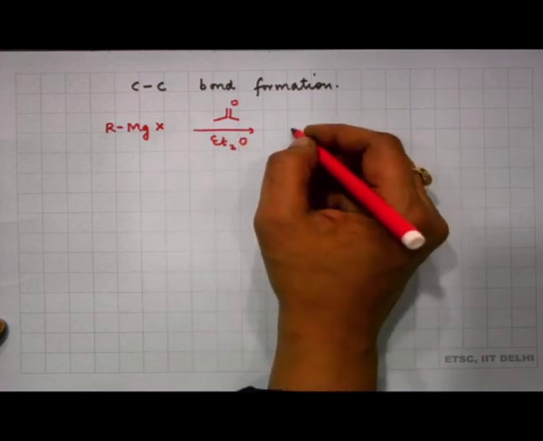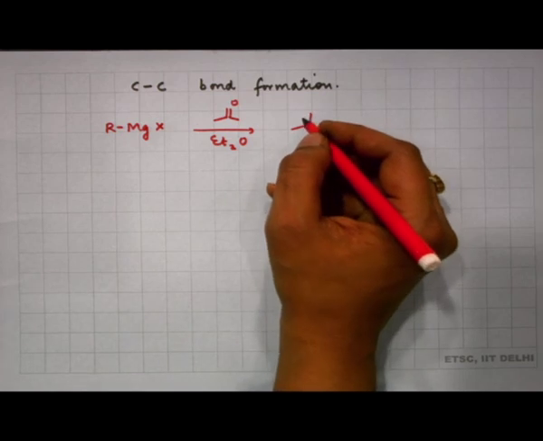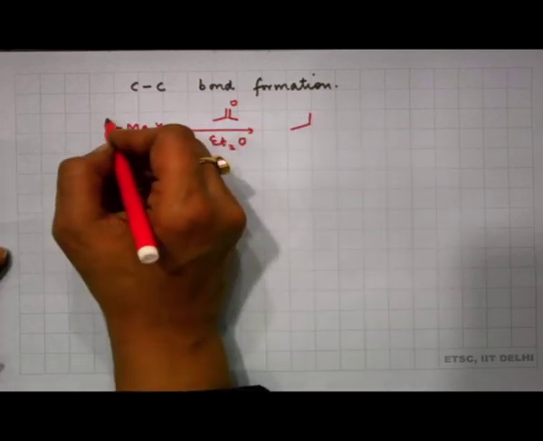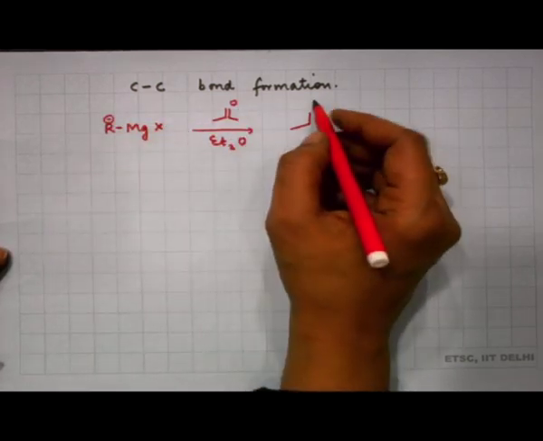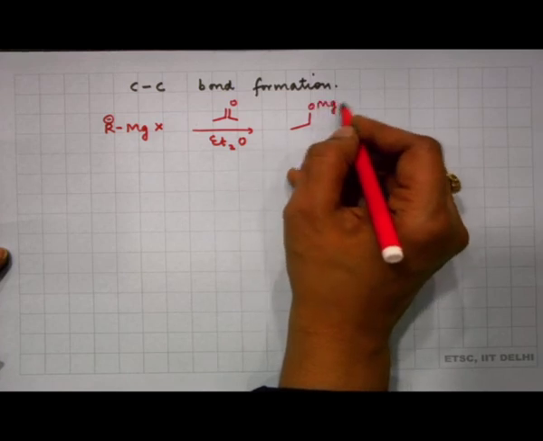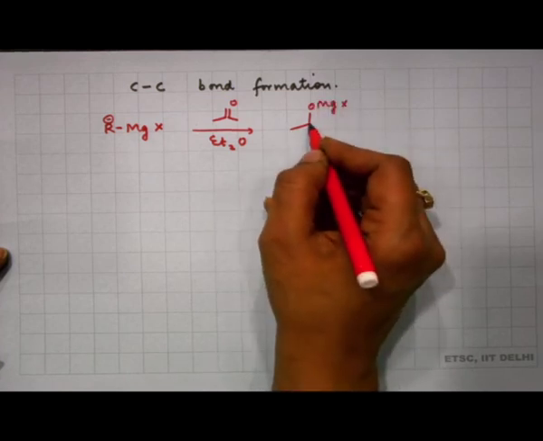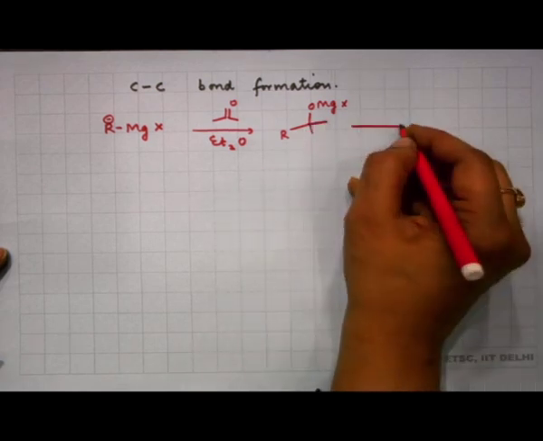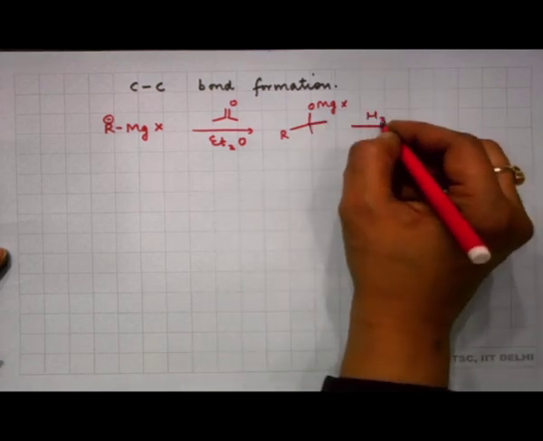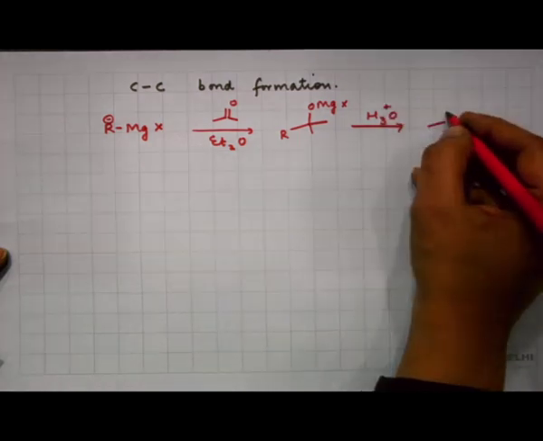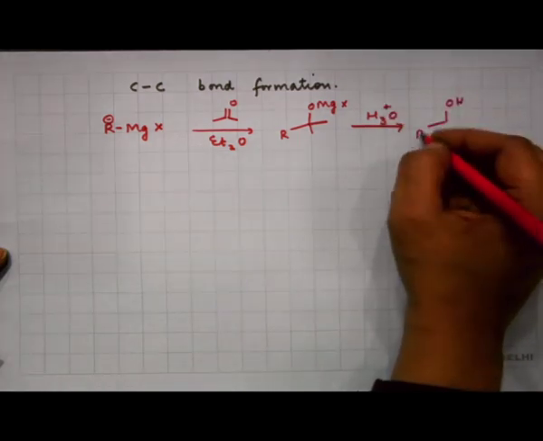So, the first thing which is going to happen is the nucleophilic addition of this alkyl group onto the carbonyl carbon, and you get this intermediate, which can then be hydrolyzed to give you the corresponding alcohol.